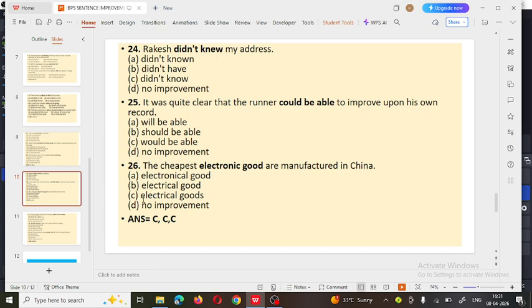The correct option is electrical goods. Electronical won't be there. It should be goods. Good is not right, goods means all kinds of commodities. So option C is correct here. The cheapest electrical goods are manufactured in China.